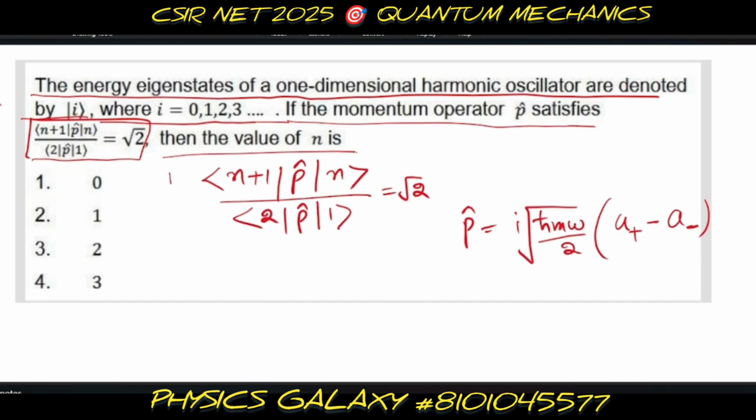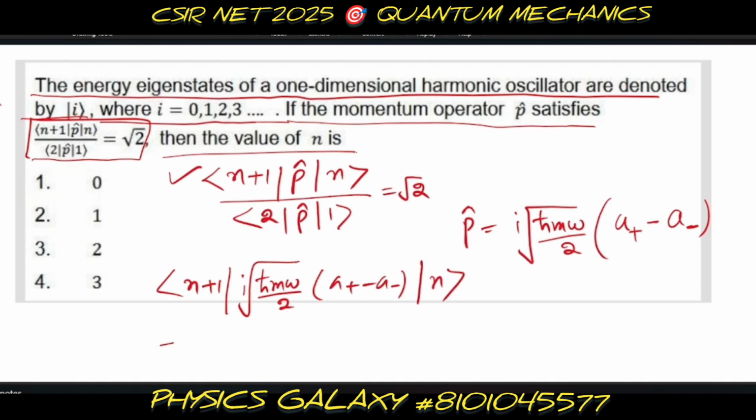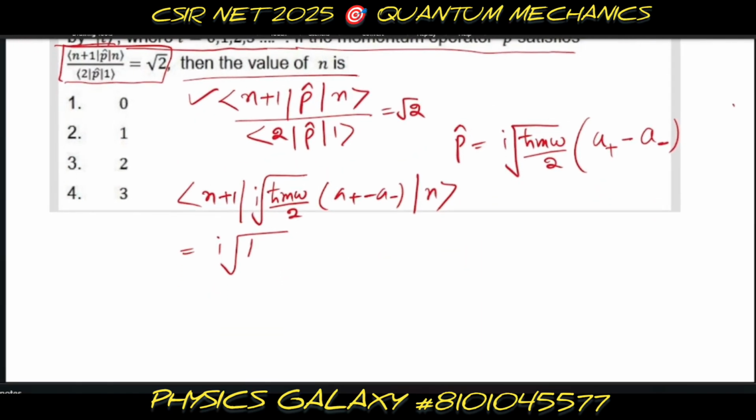Right, so let's calculate the numerator part, so that is <n+1|, and then we'll have i under root of h cut m omega by 2 (a plus minus a minus), then we have |n>. Okay, so we can take this constant part out, so that is under root of h cut m omega by 2, then we'll have <n+1|(a plus minus a minus)|n>, right?